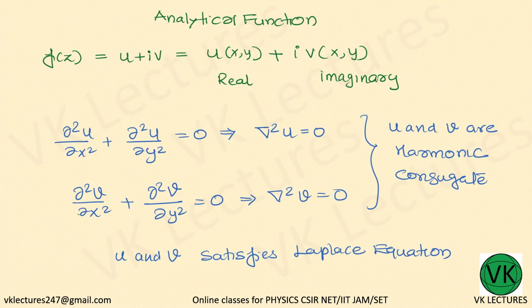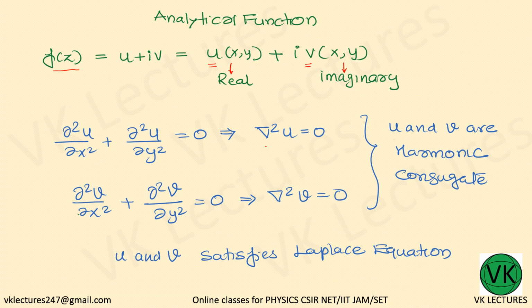Here, as we know, f of z is equal to u plus iv, where u of x comma y is the real part, while v of x comma y is the imaginary part. Both u as well as v obey the Laplace equation, that is, dou square u by dou x square plus dou square u by dou y square equal to 0.